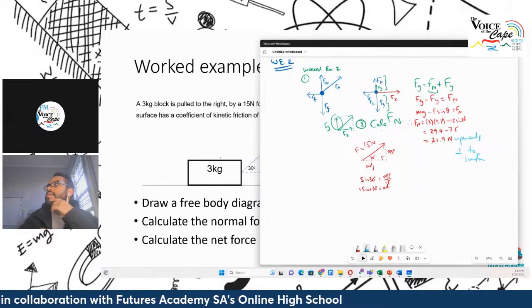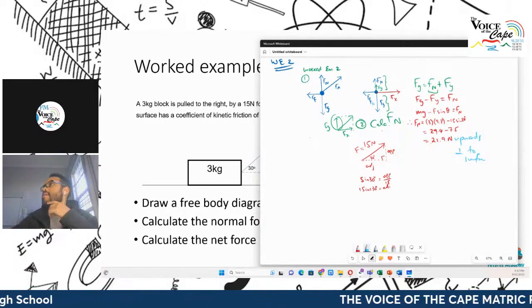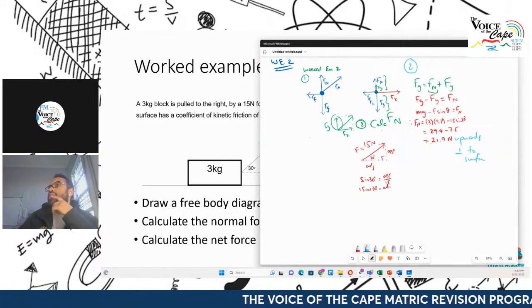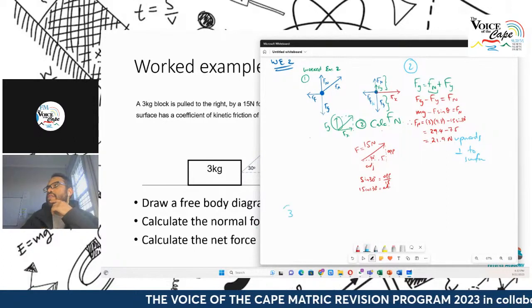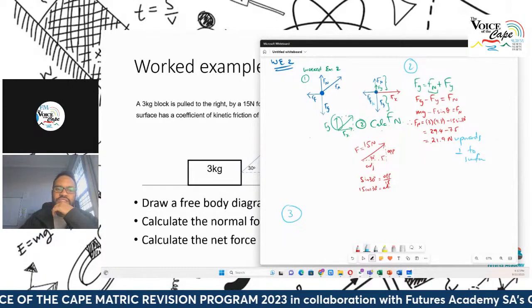Okay, so that's question 1. Calculate the normal force, everything we've done on this side here. That's question 2. And now for question 3, where we want to calculate the net force, we can use what we've come across here in terms of the force diagram.